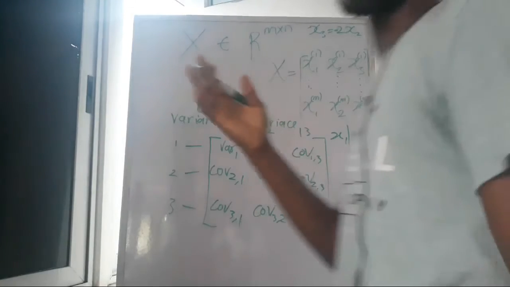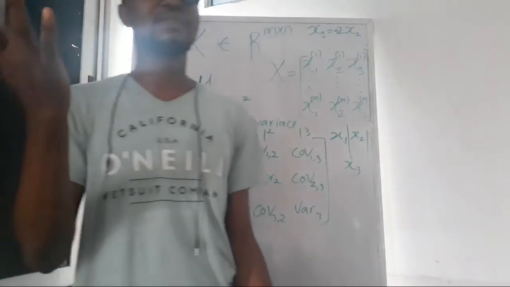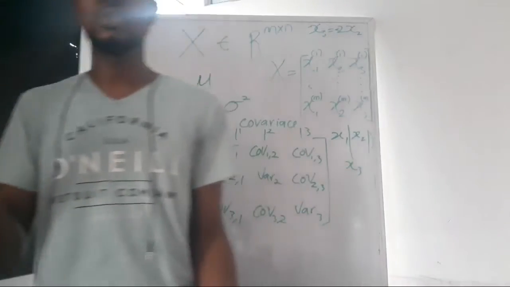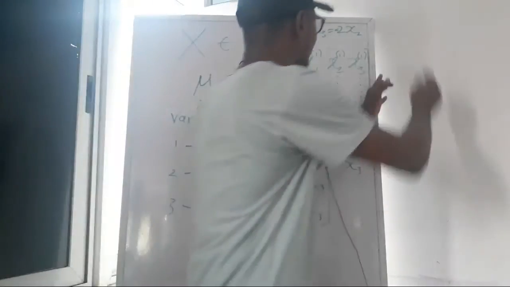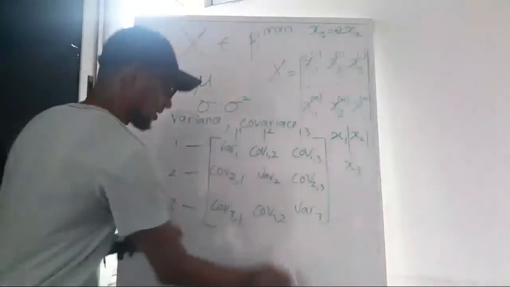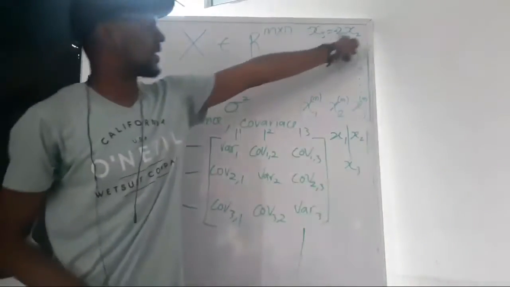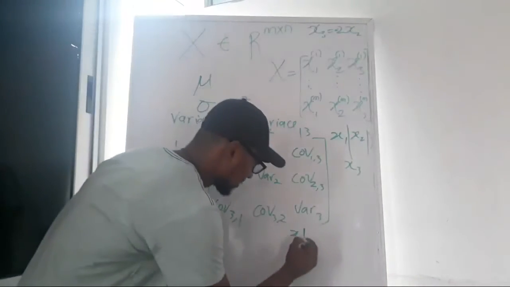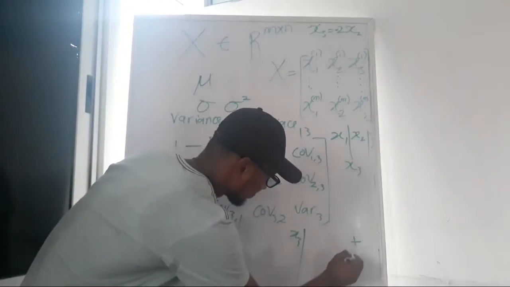If it is less than 0, it also means they are highly correlated, but the correlation is negative. So let's say you have x3 against x2.